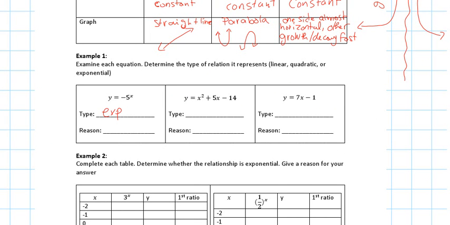The variable is an exponent. Second one? Quadratic, and how do you know? And then the last one is linear and degree 1.